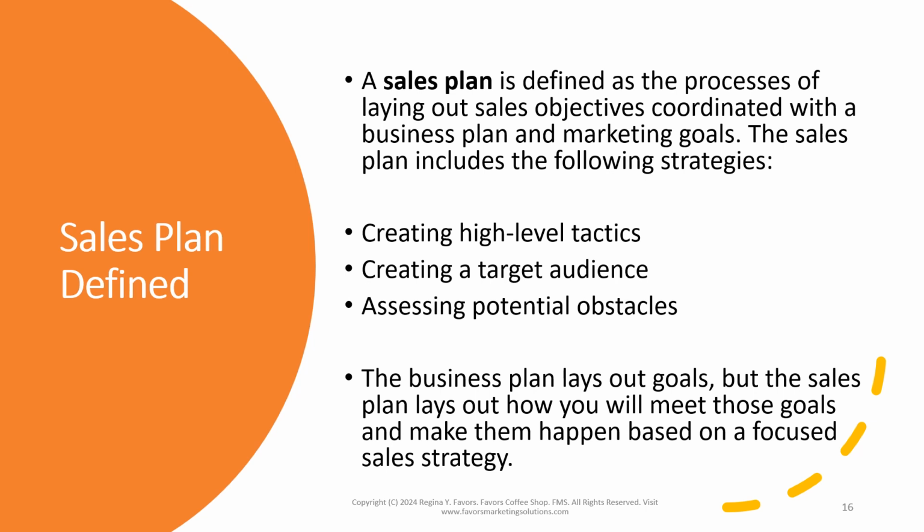You usually wait until after that third year, and then you get into your fifth year, and you assess what other types of obstacles you may have to encounter and resolve. The business plan lays out goals, but the sales plan lays out how you will meet those goals and make them happen based on a focused sales strategy.